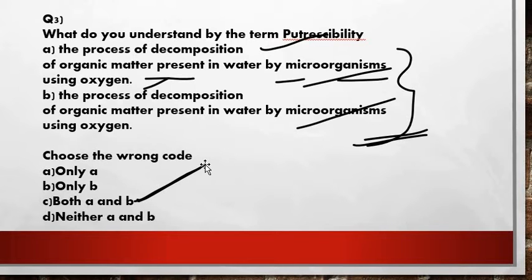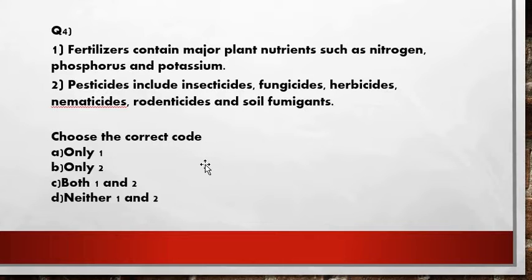Next we move further, the fourth question. The fertilizers contain major pollutants, nutrients such as nitrogen, phosphorus and potassium. The second statement says pesticides include insecticides, fungicides, herbicides, nematicides, rodenticides and soil fumigants.